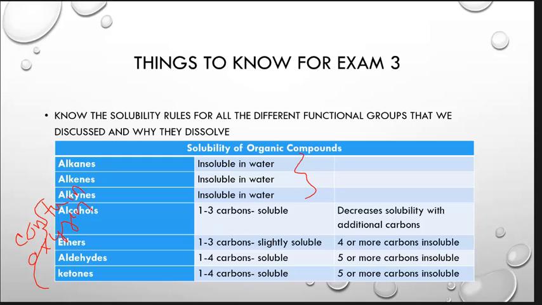Their solubilities are actually fairly similar. Alcohols, if you get more than 4, they're insoluble. The more carbons you have, the less soluble it is. Ethers, 1 to 3, are slightly soluble. If we think about it this way, this is an alcohol.